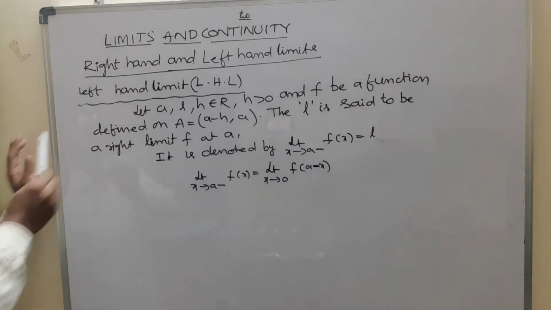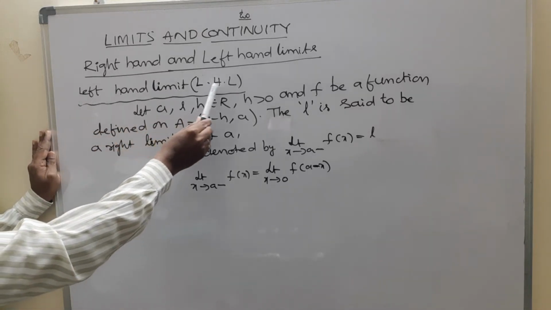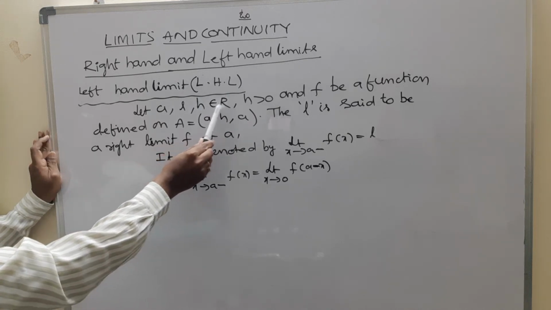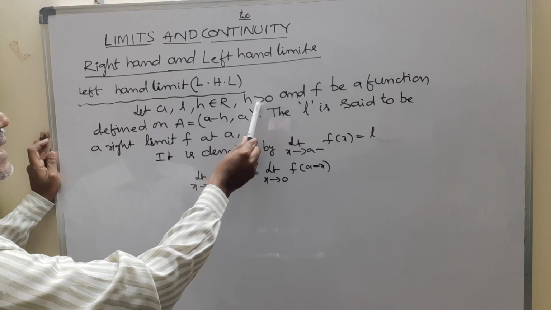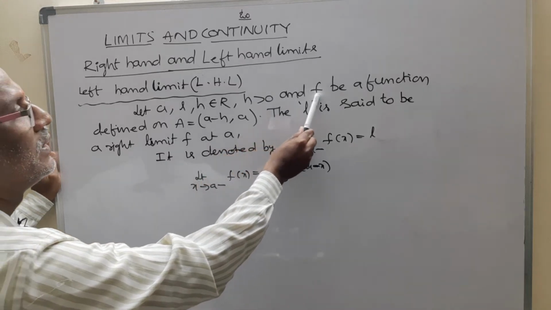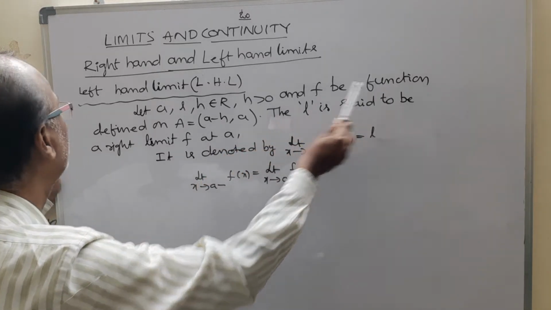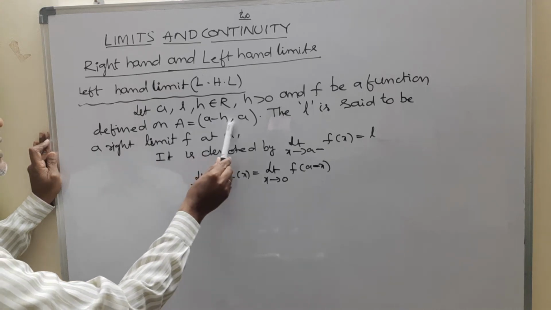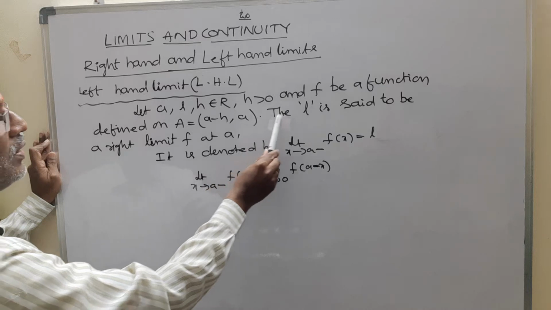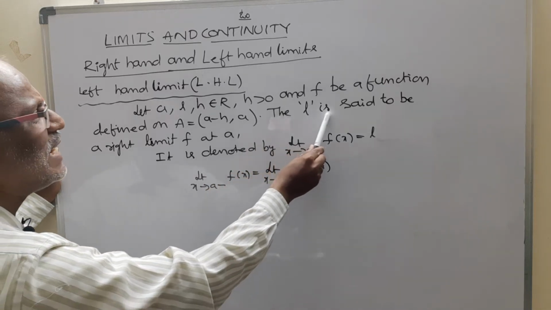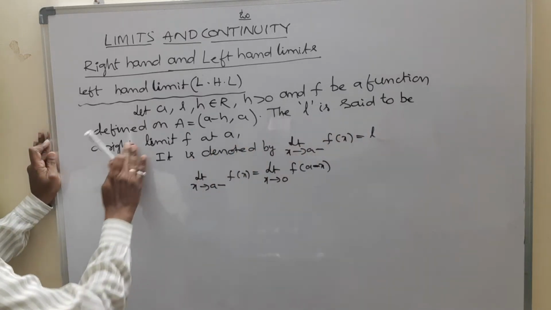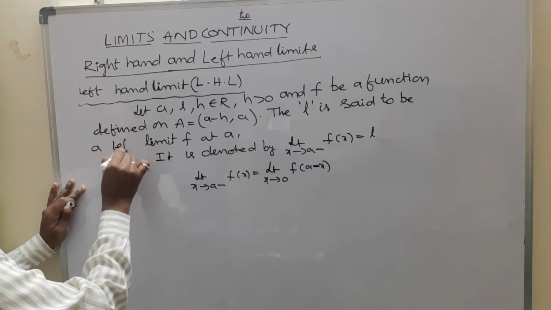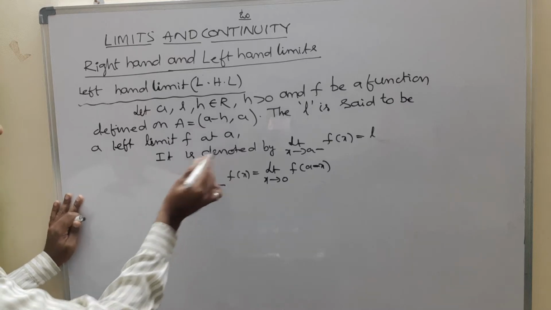Next, the left hand limit, LHL. Let a, L, h belong to R, h greater than 0, and f be a function defined on capital A equal to (a minus h, a). Then L is said to be the left limit of f at a.